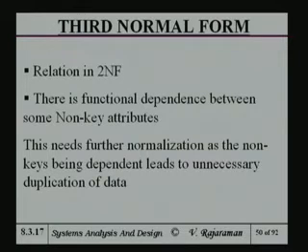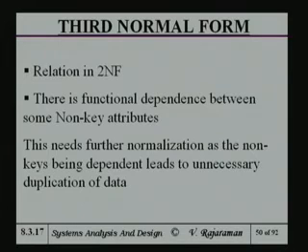That's what we talked about in second normal form. In this case, we are talking about the non-key attributes. There should not be any dependence between some of the non-key attributes. If that happens, there is some little difficulty. So this needs further normalization if you find a functional dependency between non-key attributes, because there will be unnecessary duplication of data.